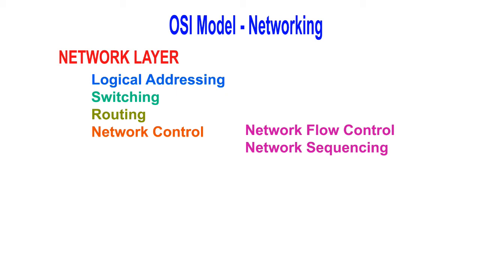Network sequencing. Network sequencing reorders packets once they arrive at the destination device. Network sequencing uses two pieces of information, one datagram ID and second is sequence number.